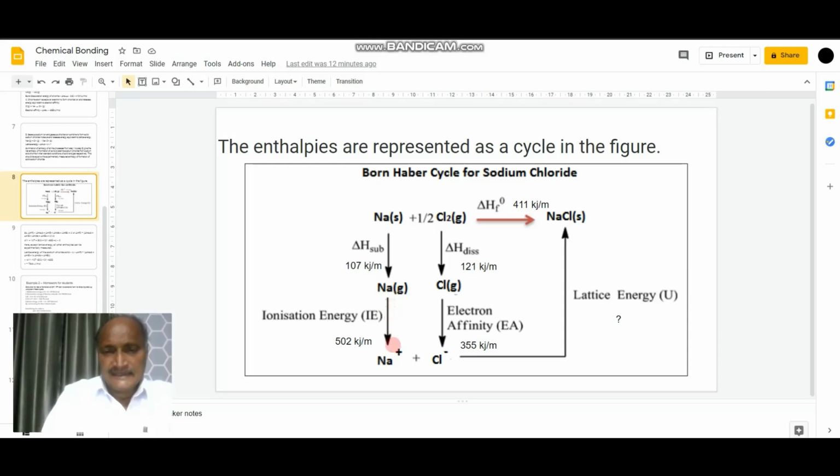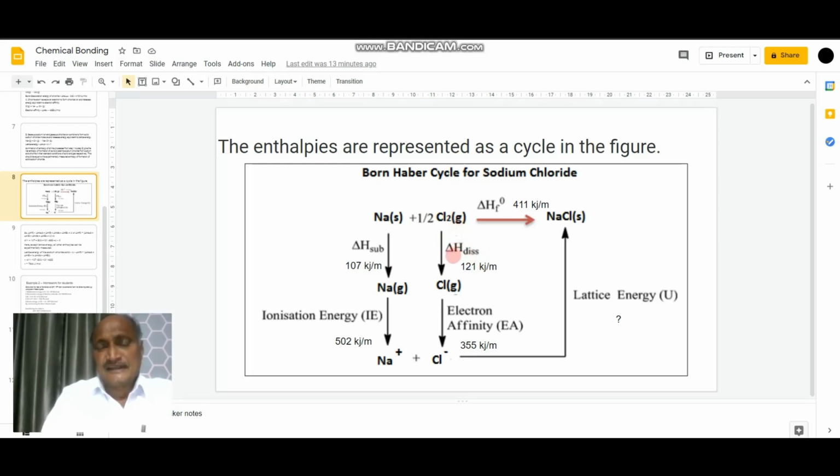Then the gaseous sodium atom, by the supply of ionization energy equal to 502 kilojoules per mole, will be converted into a gaseous sodium ion with the loss of one electron. Then coming to the dissociation of the chlorine molecule.